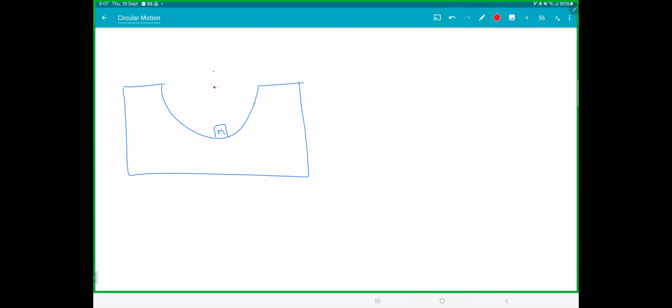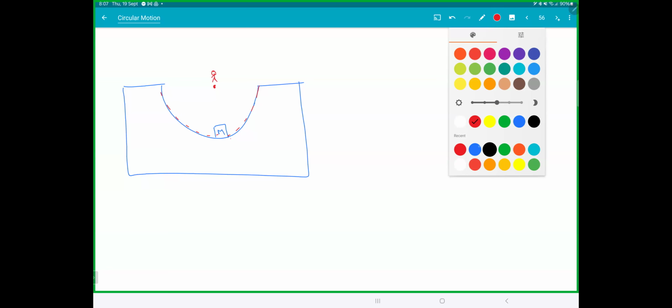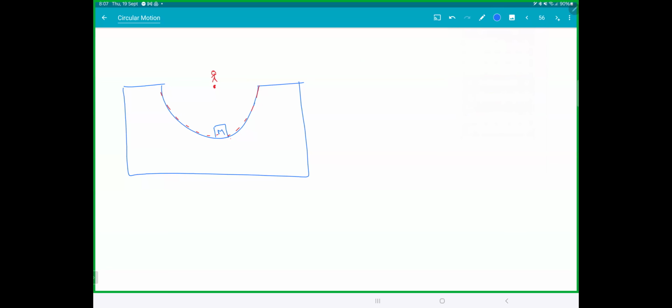If you take the center here and stand here, this person will think it is going in a circle. So block M moves in a circle with respect to the center of that curve, not with respect to the ground. Now, if you see in the ground frame, it kind of looks like this.